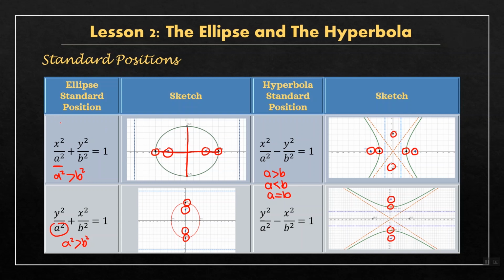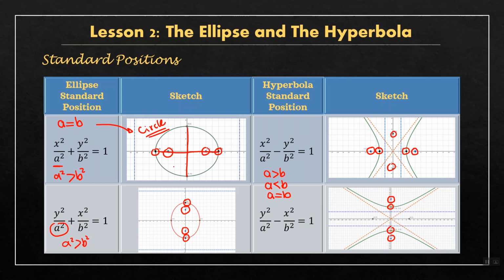But what happens if A is equal to B? If these two are equal to each other, the shape here turns into a circle. So this is a circle. The circle is a special case of the ellipse, in which A and B are equal. So the major axis and the minor axis are equal.